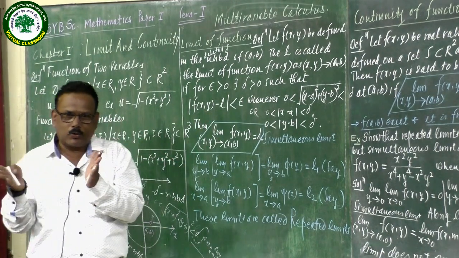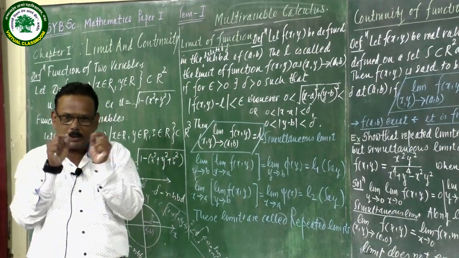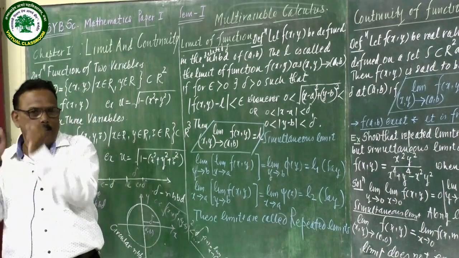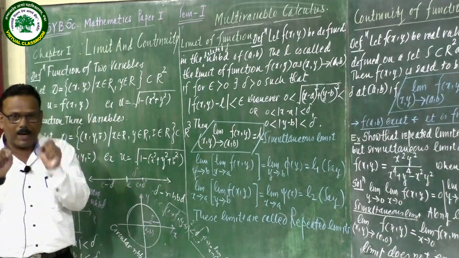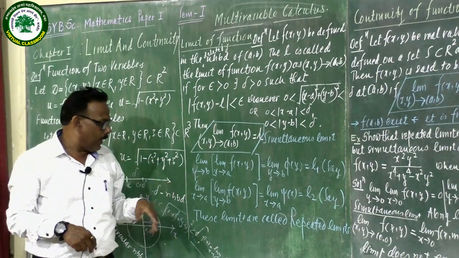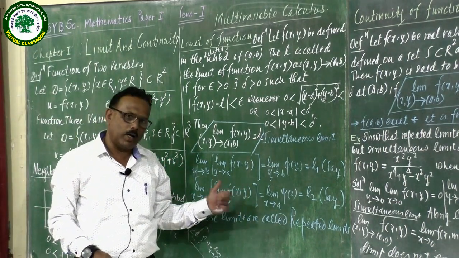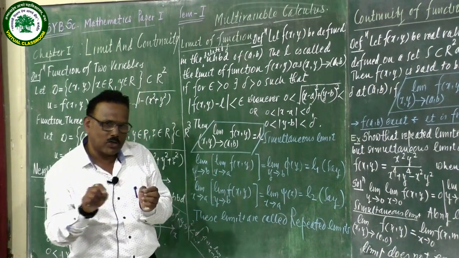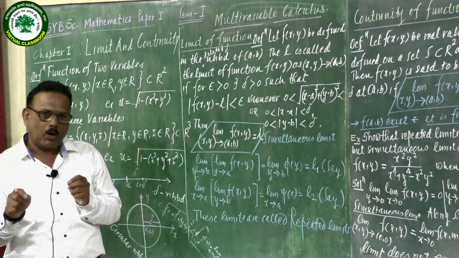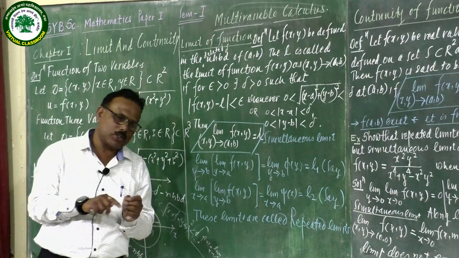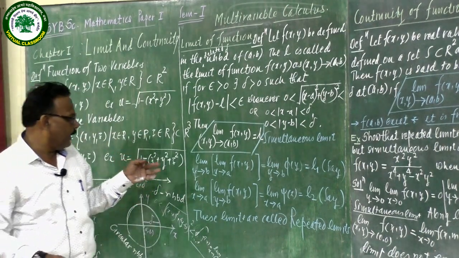Simultaneously x tends to a, y tends to b, that means the point (x, y) tends to (a, b) simultaneously at a time. In a similar manner, while we are considering x tends to a and y tends to b, or y tends to b and x tends to a, you can take them differently.